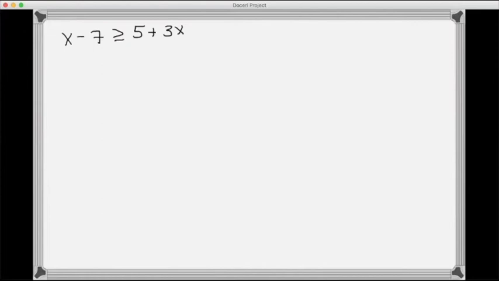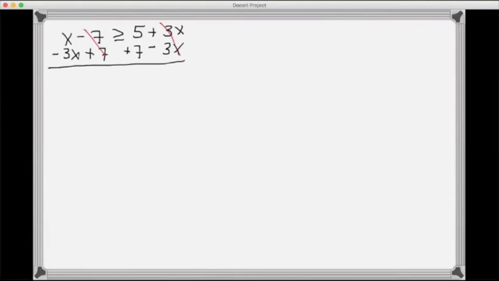So we'll start off by subtracting 3x on both sides. We can also add 7 on both sides. You can see that the 7's on the left-hand side will cancel out. Those 3x's on the right-hand side will cancel out.